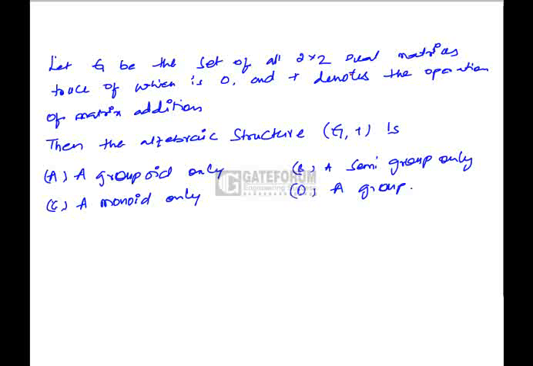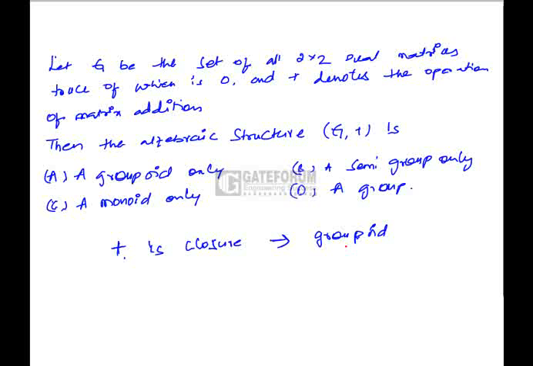So we can say that plus is closure. So now it becomes a groupoid. In a groupoid, the given binary operator should satisfy the closure condition. So up to here we can say it is a groupoid.